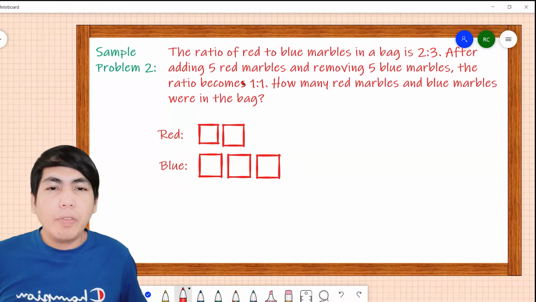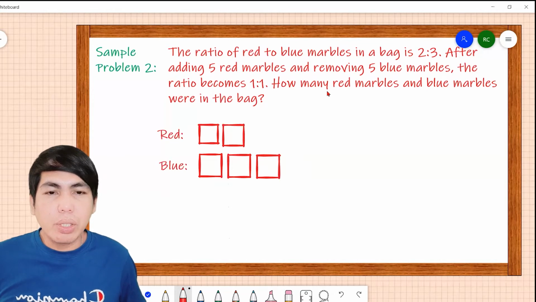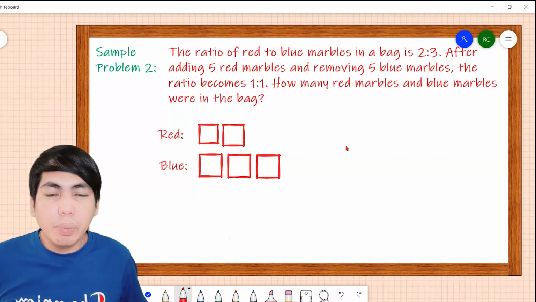After that, 5 marbles were added to red marbles and 5 marbles were removed from blue marbles, and the ratio becomes 1:1. So if the ratio is 1:1, meaning to say the number of red marbles is equal to the number of blue marbles after adding and removing some marbles.